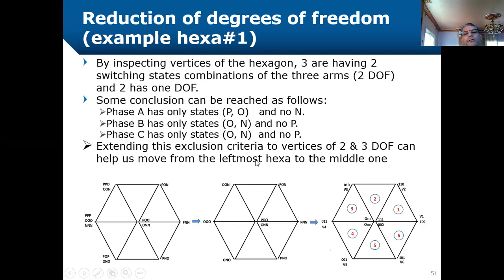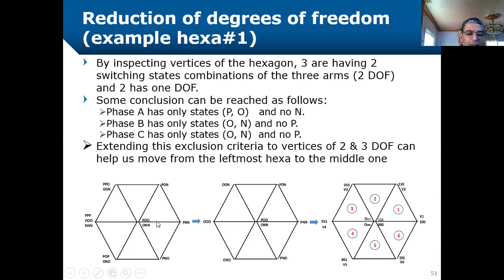Okay. We go now to the reduction of degrees of freedom. If you look at the subhexa 1, for example, this one example, we can apply the same concepts to the other 5 subhexagons. Okay. Look at this. The notations marked on each vertex can be extracted from the grand subhexagon. So for this one, the local center is POONN. Recall that P is a conduction state of phase A, describing the state of the 4 switches, O for phase B, O for phase C. Okay, and this marking is too much.